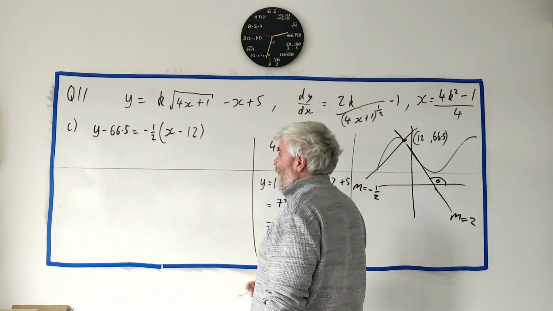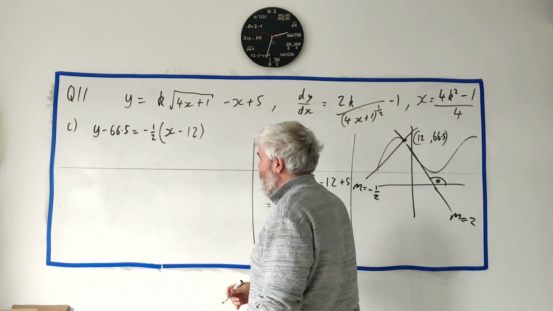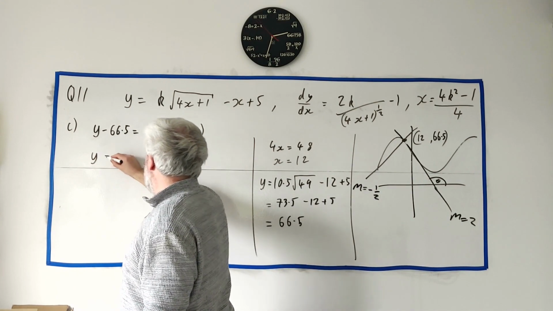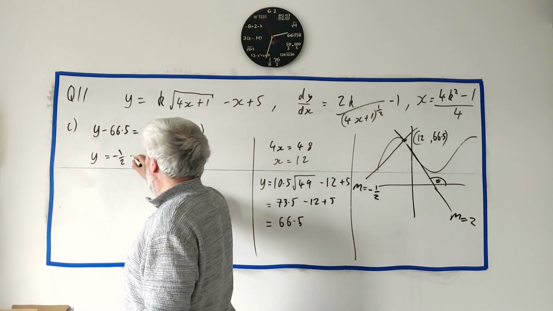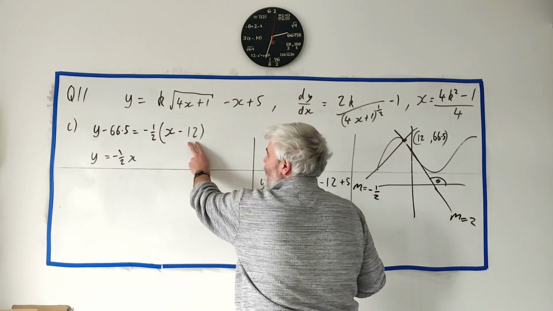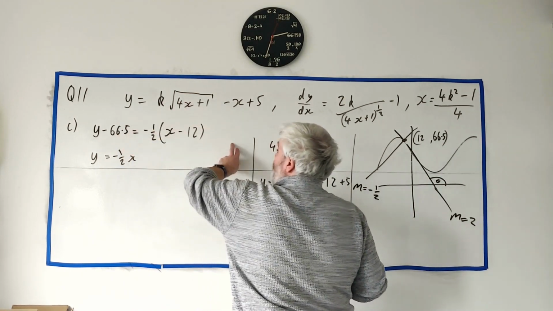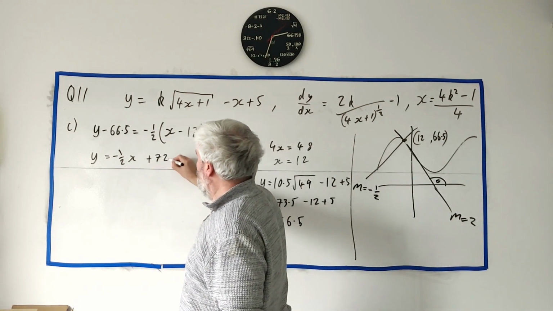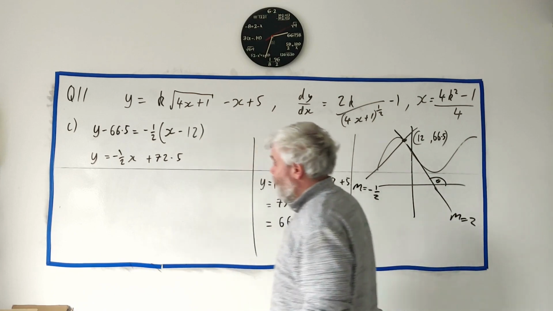Clean this up. Sometimes people leave it like this, but I like to clean it up. We would get y is equal to minus a half x, and what's that? That's plus 6 plus 66.5, which is plus 72.5. Final answer.